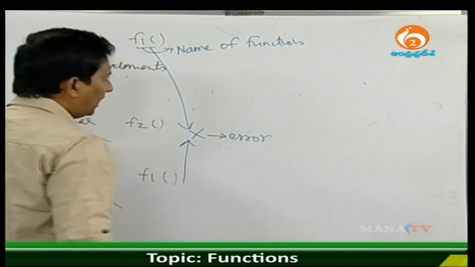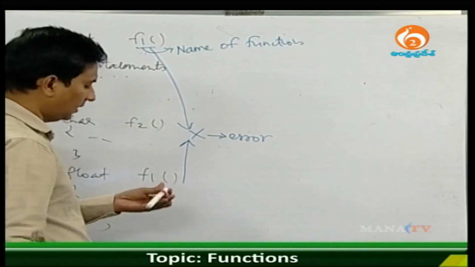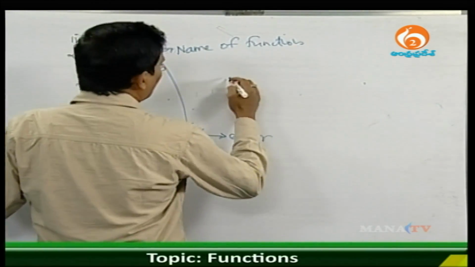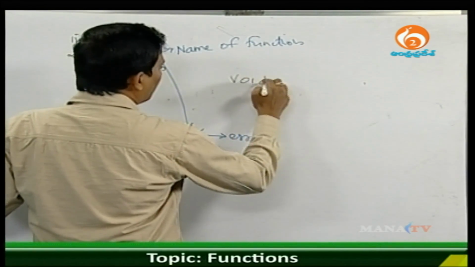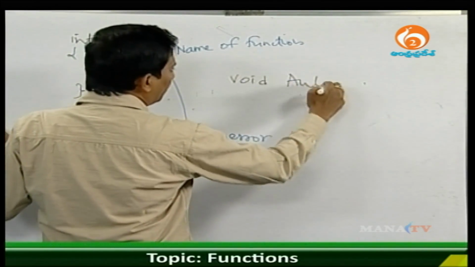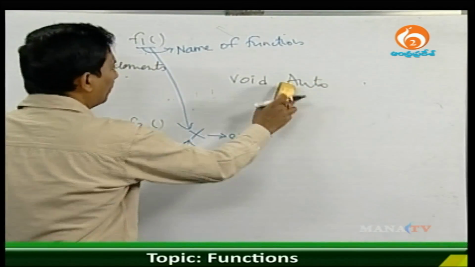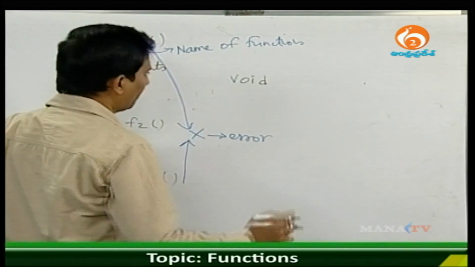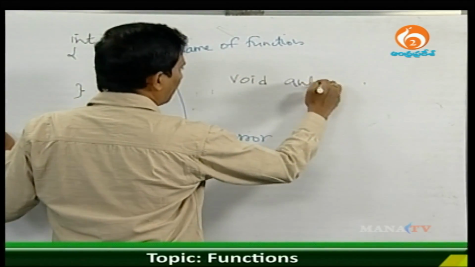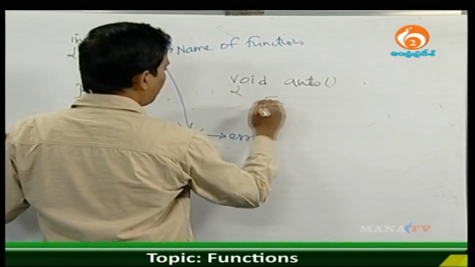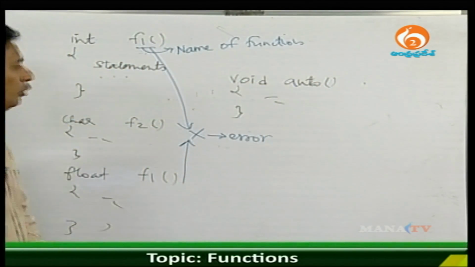So I'll write another example for void auto, with a small auto. Now you tell me.